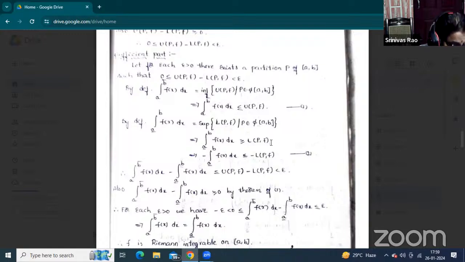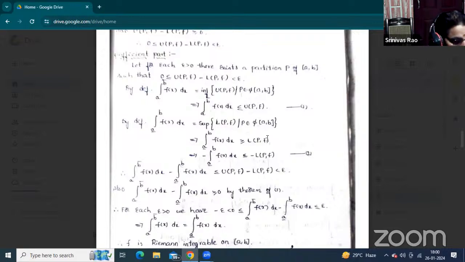Students, listen carefully, especially for the examination. We have already explained, from the beginning of the Riemann integral, that U(P,-f) is the upper Riemann sum of the negative function, and it equals the negative of the lower Riemann sum.